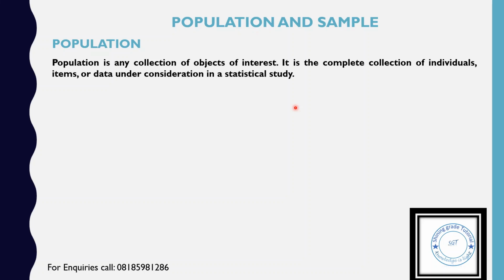The issue about population is that it might be difficult to study the whole of the population because populations are so large. Populations are not even finite, they are infinite in nature. So it is irrational or impossible to study all of it. That brings us to the issue of sample.